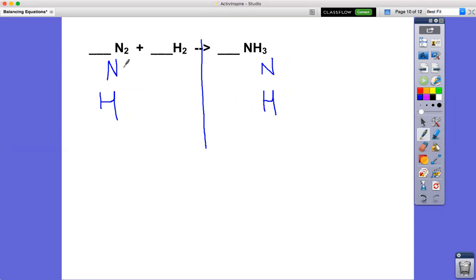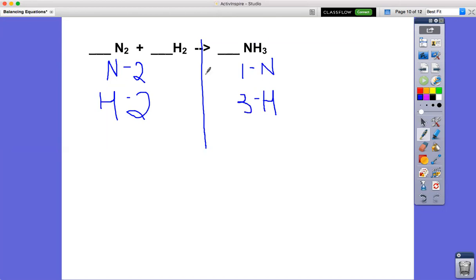Okay, how many nitrogen on the left? Good, 2. Okay, how many hydrogen? 2, good. Okay, how many nitrogen on the right? 1, good, Amira. And how many hydrogens? 3, good.